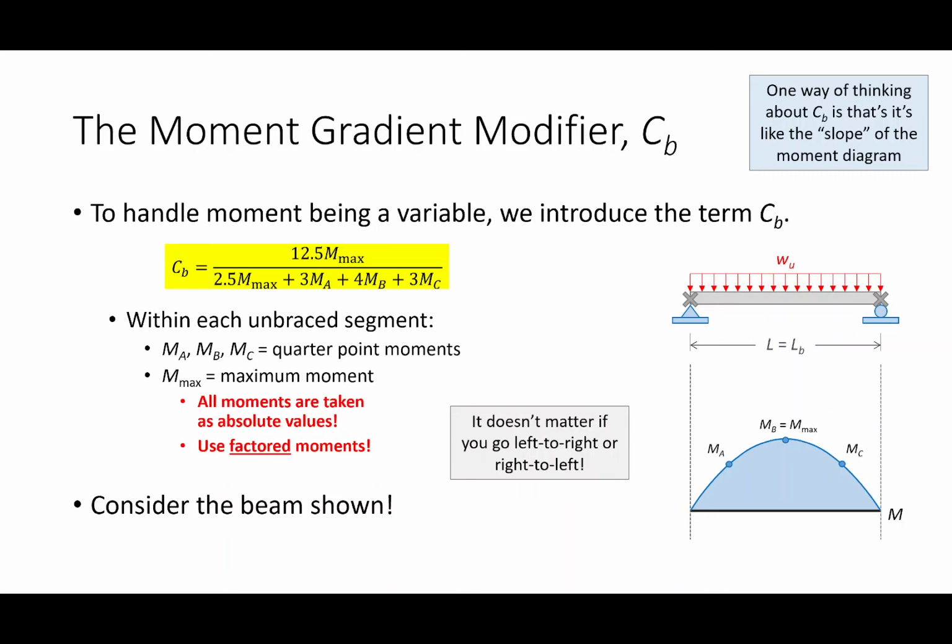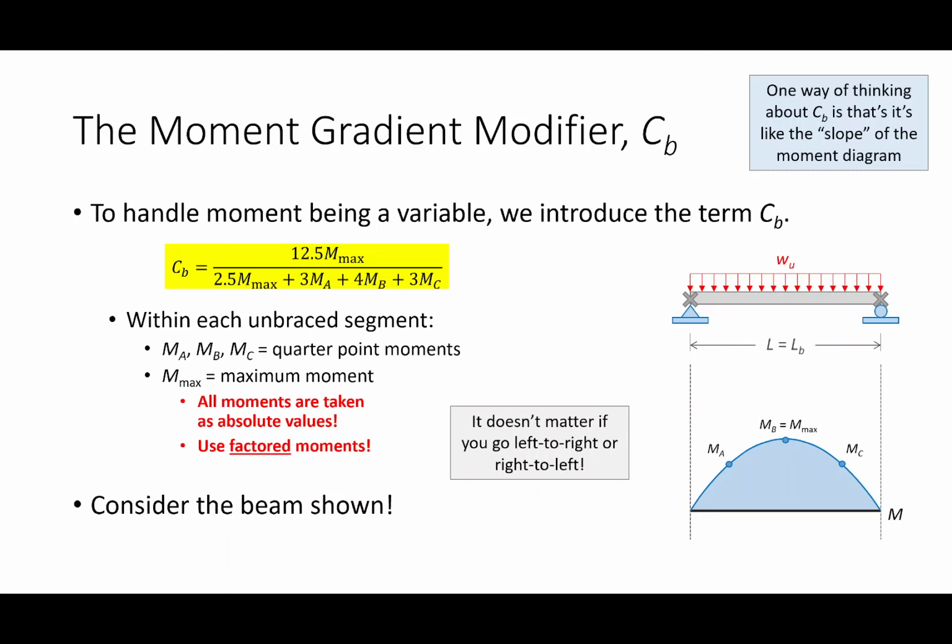Okay. So there's a couple things that you need to be aware of when using CB. First off, CB is calculated as this fraction. Every term that goes into CB, the MA, the MB, the MC, the MMax, are taken as absolute values. So whatever the value is on the moment diagram, if it's up here, it's down here, you take it as an absolute value.